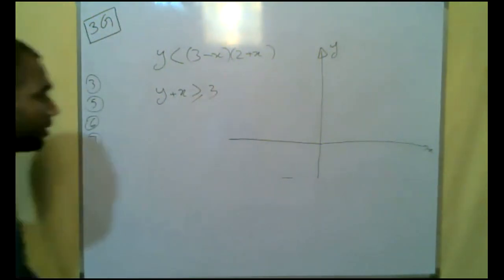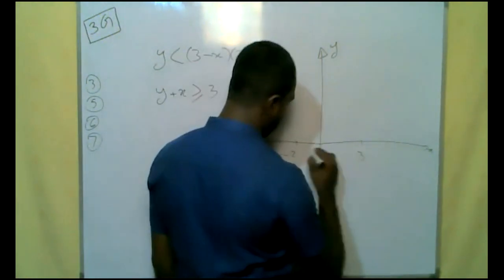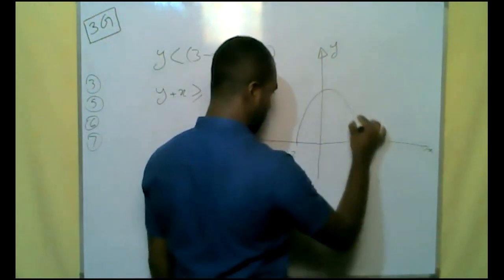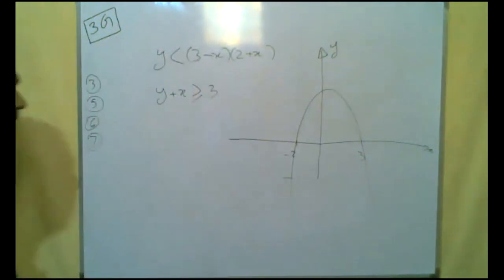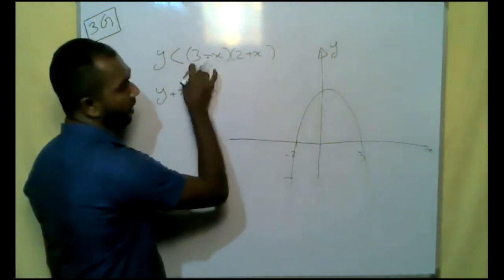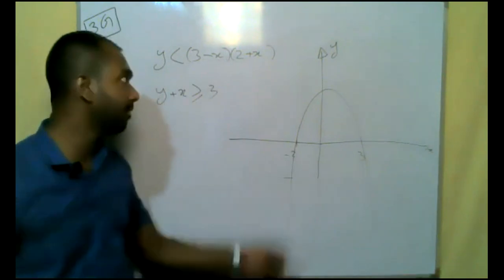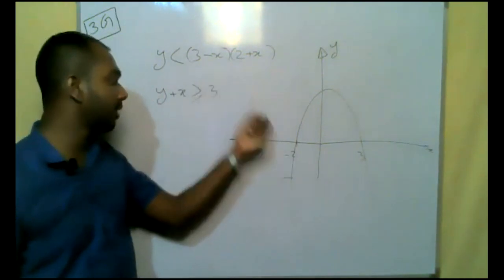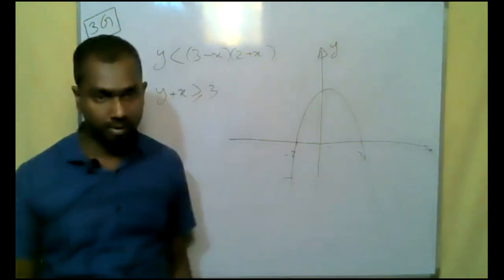Okay, so it's going to be minus 2 and plus 3, where this curve is, yeah, like this. How do I pick these 2 points? If I draw this quadratic equation in the graph, these 2 points are the points where this quadratic equation is going to meet the x-axis.